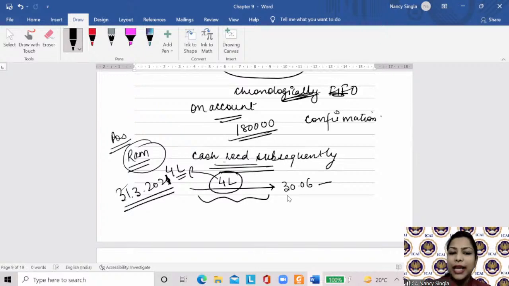है ना. So cash received subsequently, or you can examine whether these sales transactions are recorded properly or not. That is, you can perform what? Examination in depth. What is meant by that?